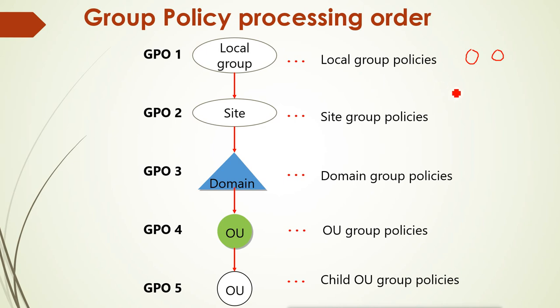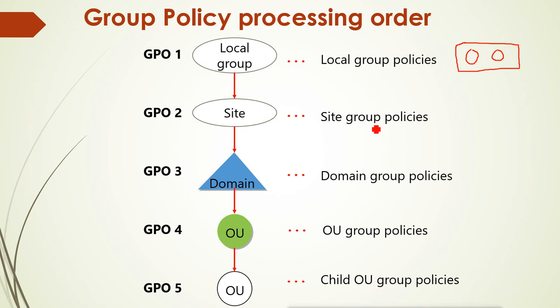When the system starts, it is going to apply these two policies first. Then on the site, just as we link a policy to the OU, we can link a policy to the site also.